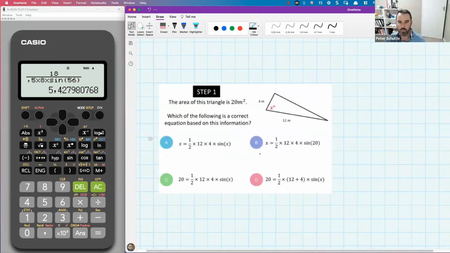Which of these options fits the... And think about it carefully, because there's a couple, they all look like sort of correct. So you need to think about what have they given you, what works, what doesn't, etc.